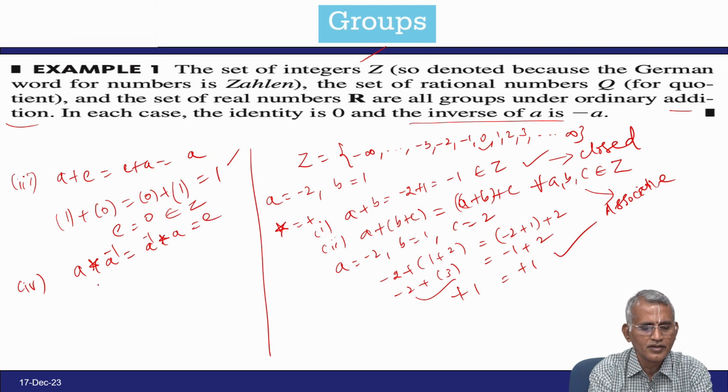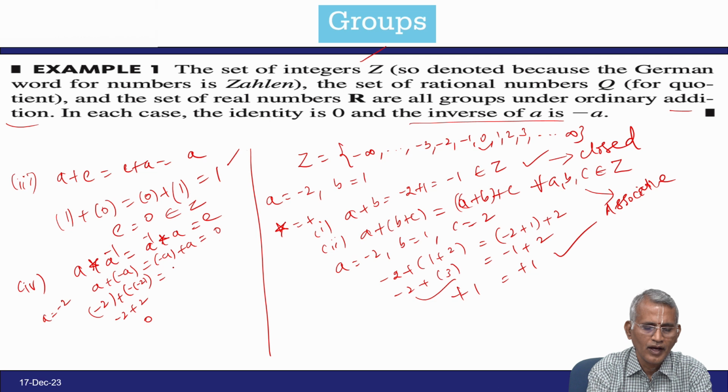And the fourth one: a star of a inverse equal to a inverse star of a equal to e. It means a plus of minus a equals minus a plus a, it should be 0. So, if you take a as minus 2, then it becomes minus 2 plus 2, so that the resultant will be 0.